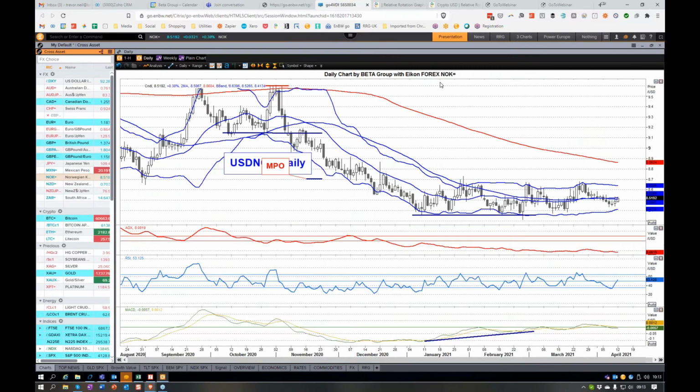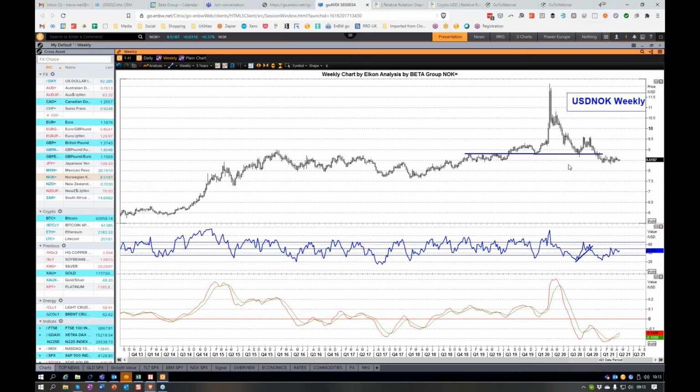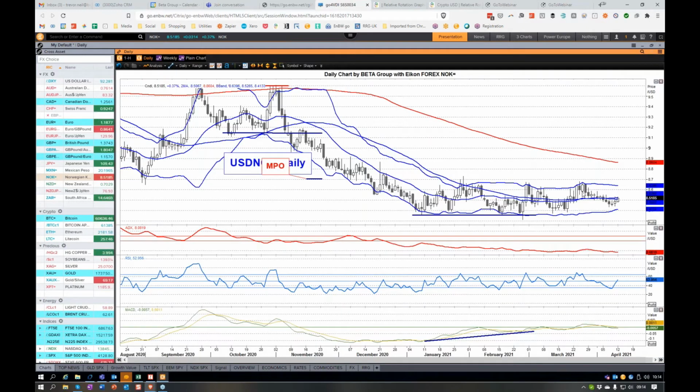Okay, and here we've got the weekly of the Norwegian, and the dollar's been going down here. Now it's flattened out here. It's a very important level, holding below there, the 1.87 level, and then on the daily chart, we've got this flat area and a very defined range, 8.7 at the top, and at these lows here, I would say the 8.5 low, defining that whole range.